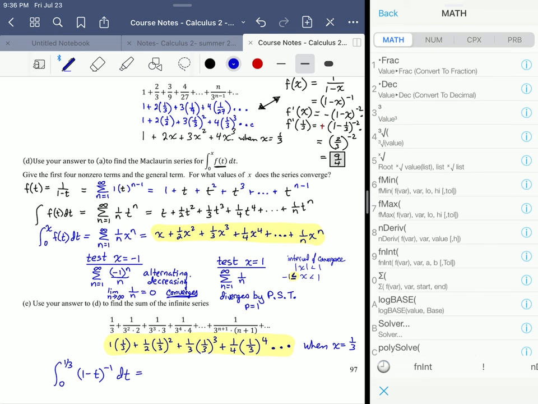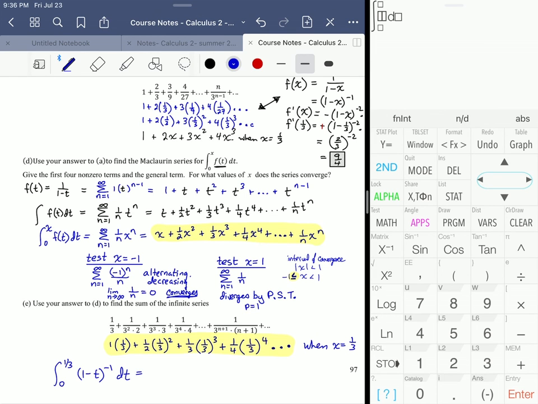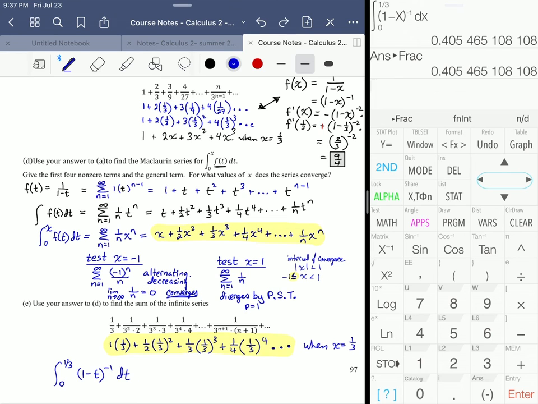I'm going to go calculator math 9. 1 minus x, raised to the -1st, dx over the interval of 0 to 1/3. So it's got a little fundamental theorem of calculus going on here. Let's see if I can math frac that. So about 0.405.